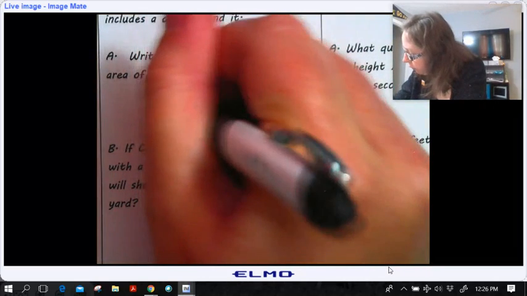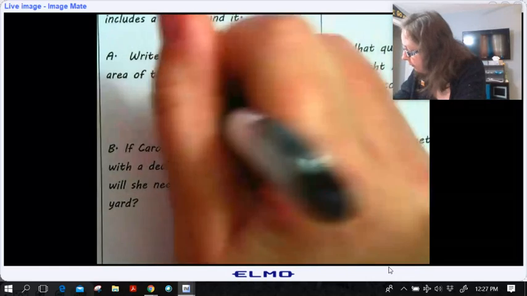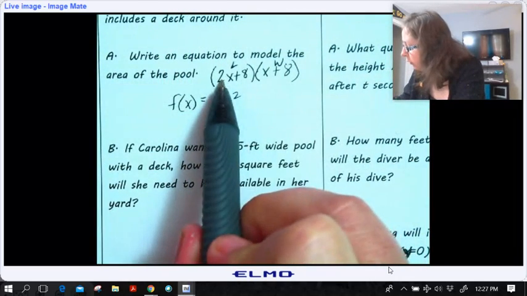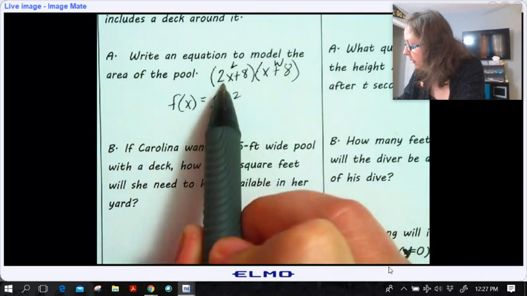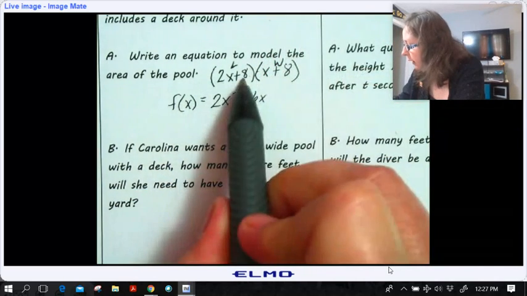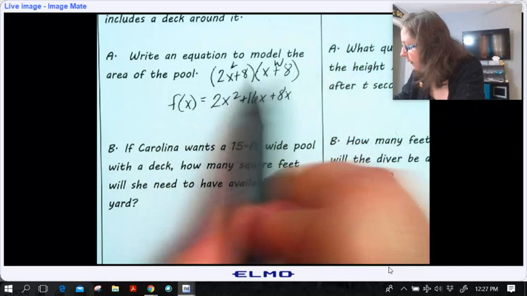So the equation will be 2x times x is 2x squared. 2x times 8 is going to be 16x. 8 times x, and then 8 times 8.